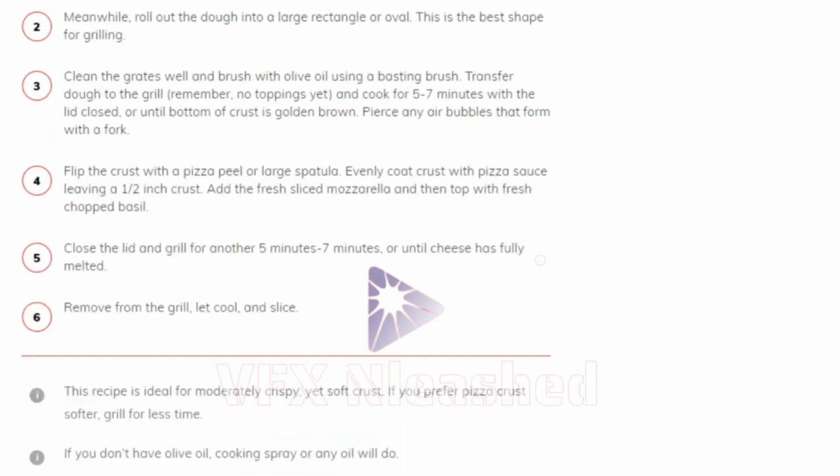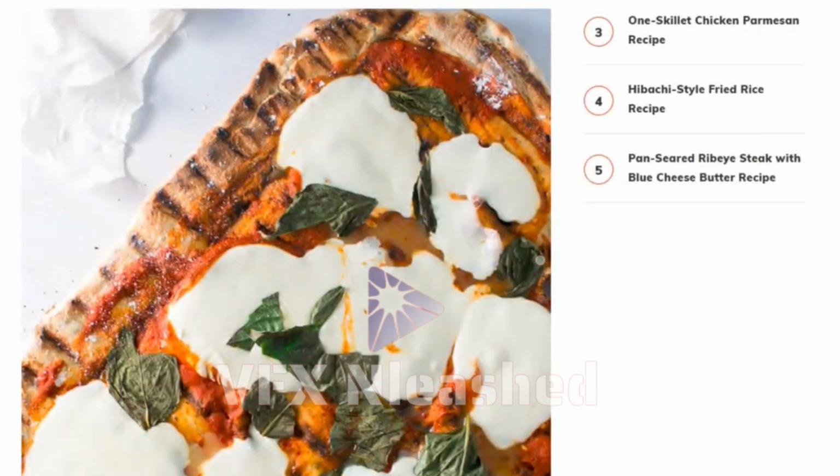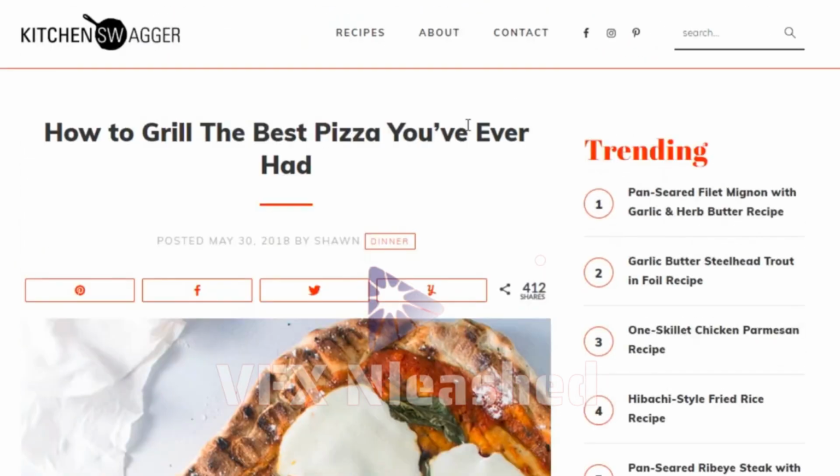What you're trying to do here is get an idea of why people are pinning it and how you can apply that to your own content. Obviously, you're not plagiarizing or copying them. You're simply getting ideas on how you can lay things out for your own site. Because what we found is that with Pinterest, a lot of times the content for a specific demographic, a specific audience, a specific niche can be very different from other audiences and niches.